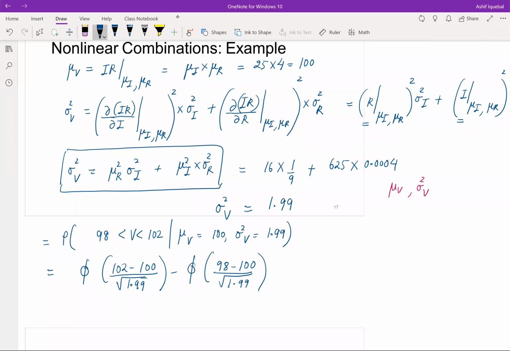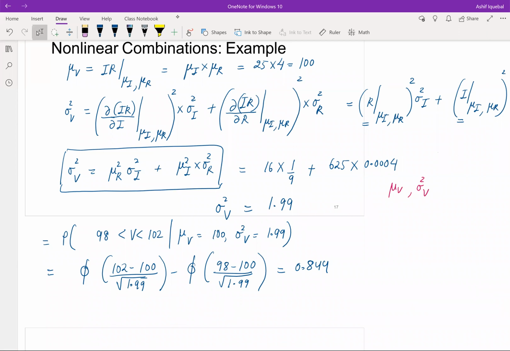And when you calculate this, you will get 0.844, which means 84% of the times the voltage across points A and B is going to be within the specification limits.